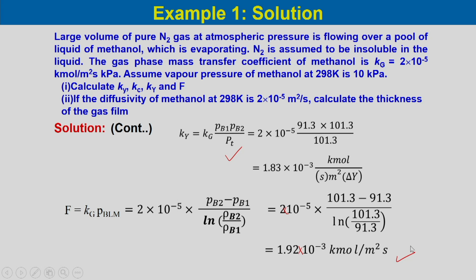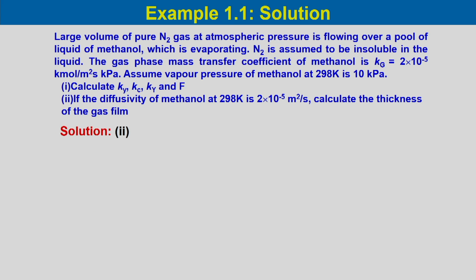So, F is calculated, and we need to calculate the thickness of the gas film. For Kg, as we know, it is DAB PT by RT delta, where delta is missing, and from here, if we rearrange, delta would be equal to DAB PT by RT Kg PBLM.